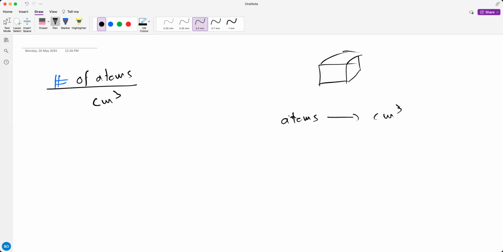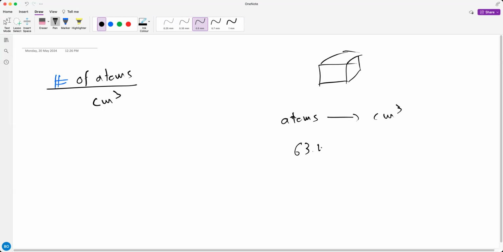I know that in copper, I have 63.4 grams in 1 mole.